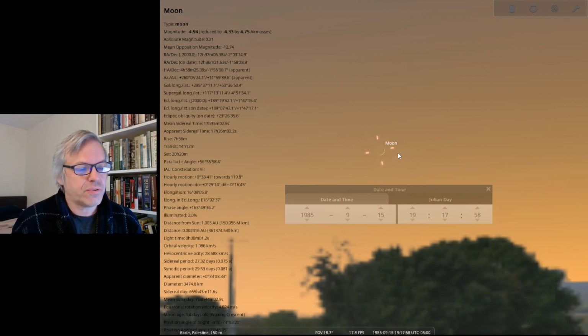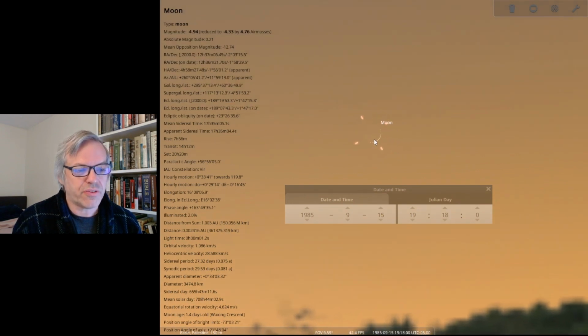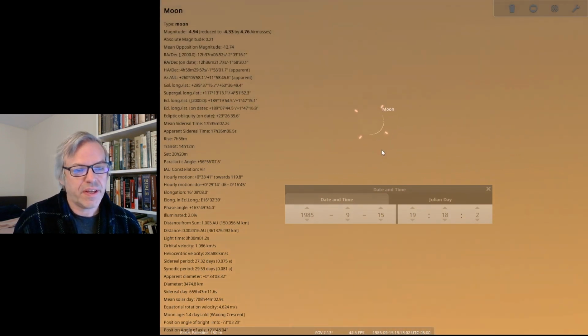Okay, so the moon is always orbiting the Earth. It never stops. And where the moon is in its orbit around the Earth determines how much light you can see here, this crescent.